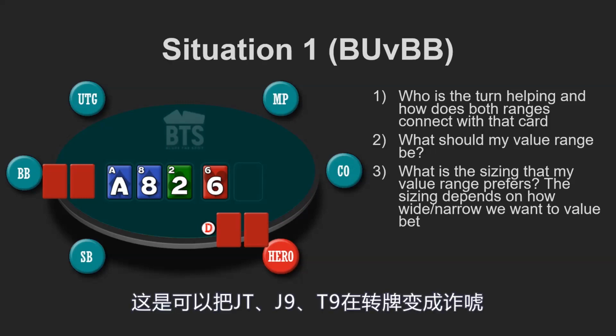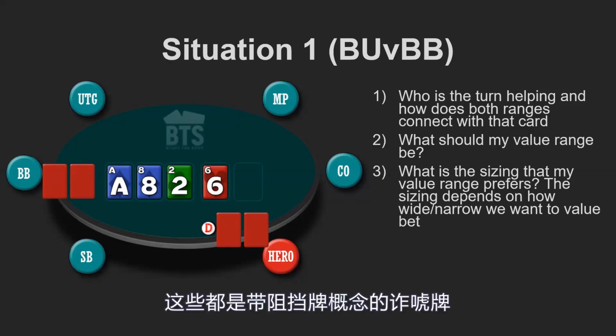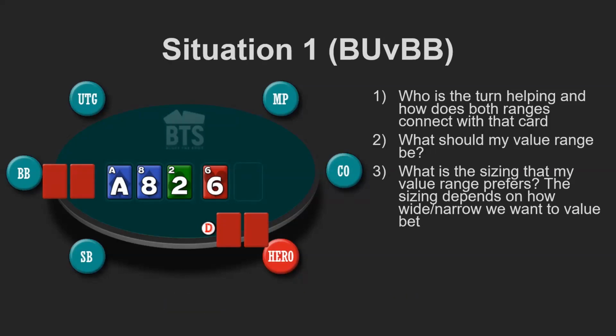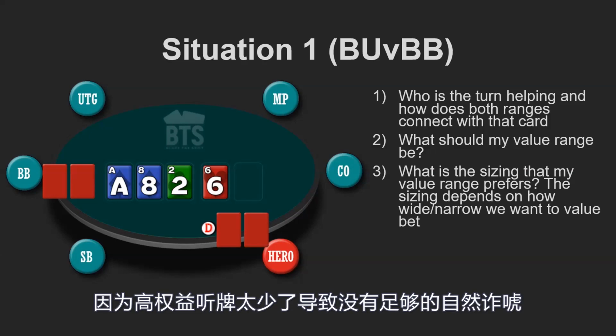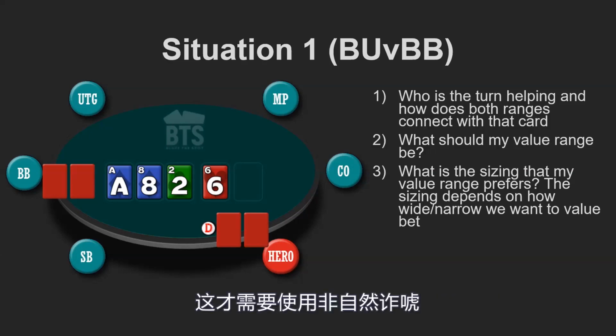So you would see a lot more Jack 10, Jack 9, 10-9 on ace, 8, deuce, turn deuce, rainbow, because there are just no natural bluffs. But on this specific turn, we have so many bluffs that we don't need to be betting no equity hands, if that makes sense.